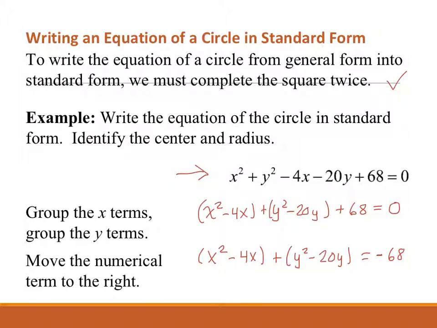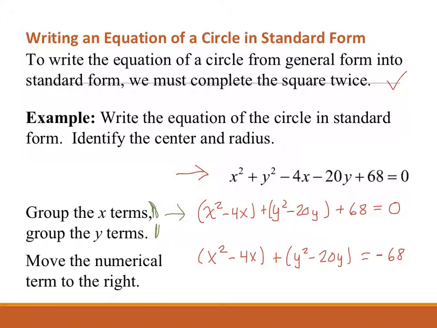So the first step is to group the terms, the x terms together and the y terms together. So that's what we did here. We grouped the x squared minus 4x, and we grouped the y squared minus 20y, and then we had 68 is equal to 0.